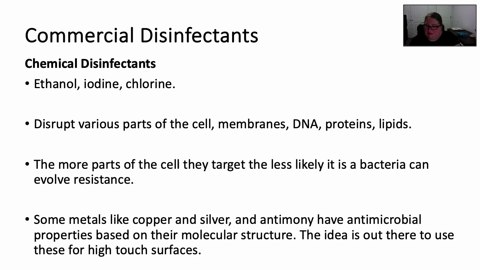They're going to act as their own disinfectants. Now, these are going to be ideal to use in high touch surfaces, like the counter in a doctor's office or the rails of a hospital bed. Okay, things that are exposed to pathogens all the time, but we need them to be antimicrobial. Okay, so those are some of our commercial disinfectants.